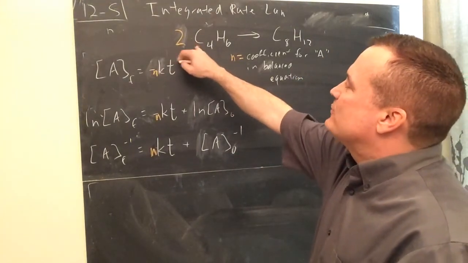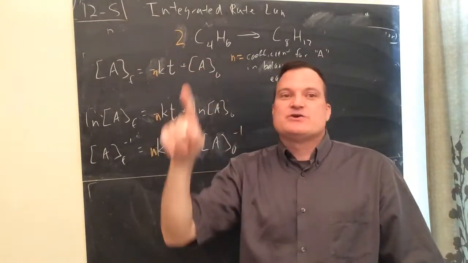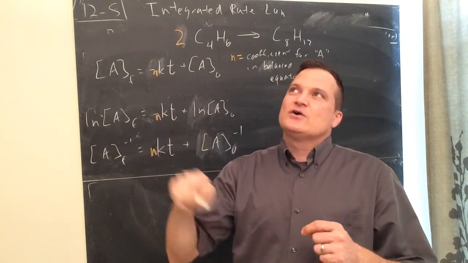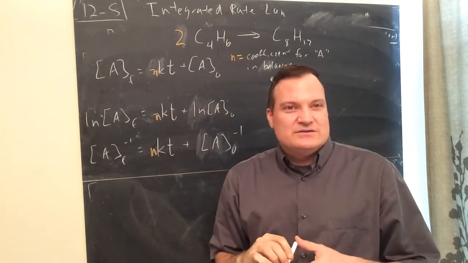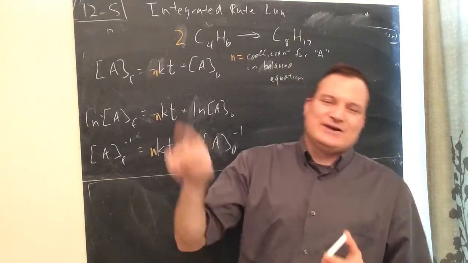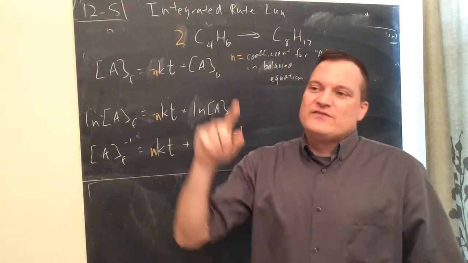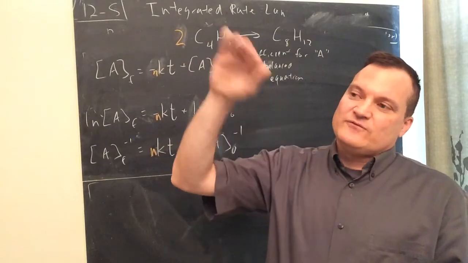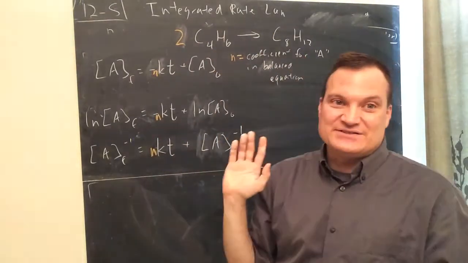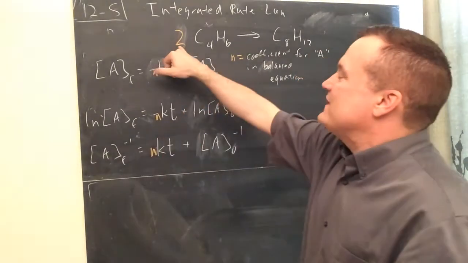But you can remember the stoichiometry. Remember how I showed you how curves were done? When you draw curves, the curve is based on the stoichiometry of the equation. Remember I showed you that? Well, same thing is true here.